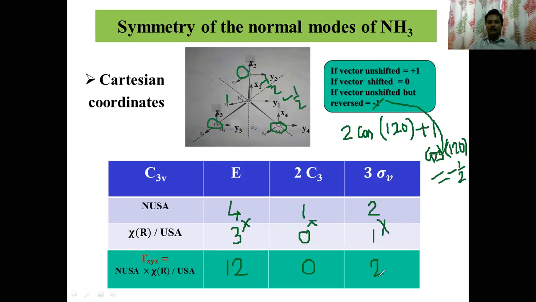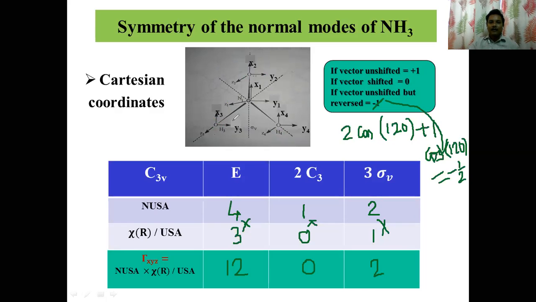Now for sigma v, if I go along this, then what should be the value? Let's look at it. Sigma v xz, of course the other angles automatically will come because they are in the same class, so their character should be the same. So let's go for only the xz, right? So this is your xz. Now if we do xz, what are the vectors? They remain in the same place, right?